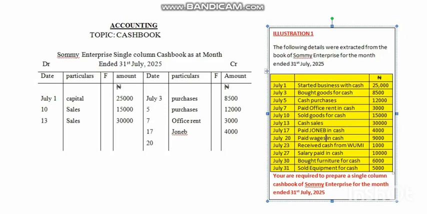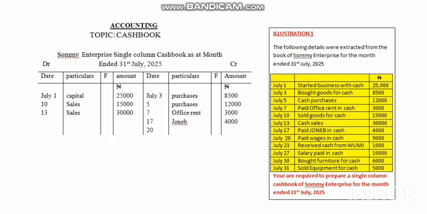Wages of how much? 9,000 naira. You write wages, and you come to the amount and write 9,000 naira.